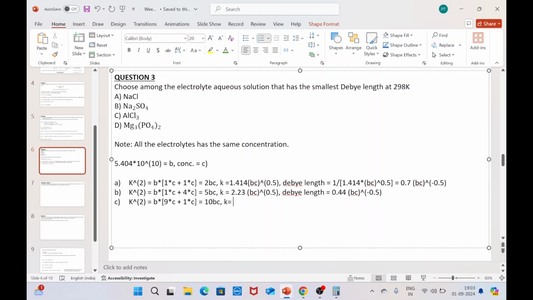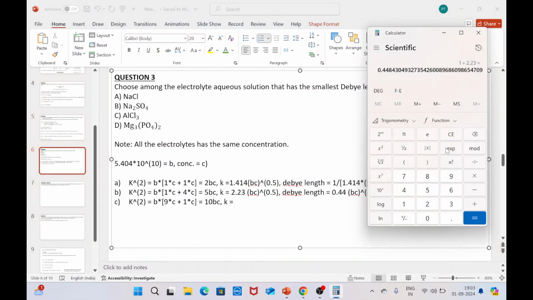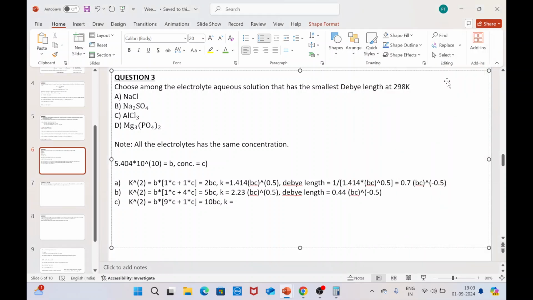So kappa will be nothing but root 10. So root 10 is 3.16, Bc power 0.5.